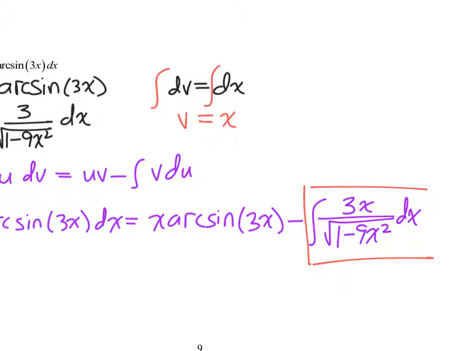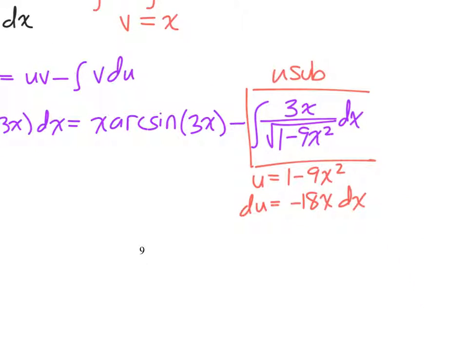So that means that this is a u-sub situation with my u being equal to 1 minus 9x squared. So du is going to be equal to negative 18x dx. Now, I don't want negative 18x, I want 3x. So I'm going to divide that by negative 6.